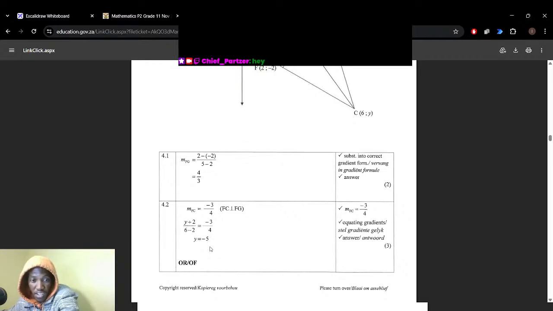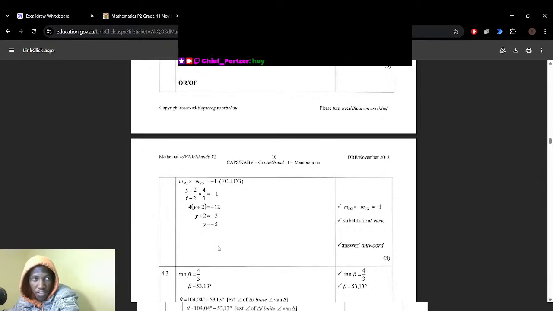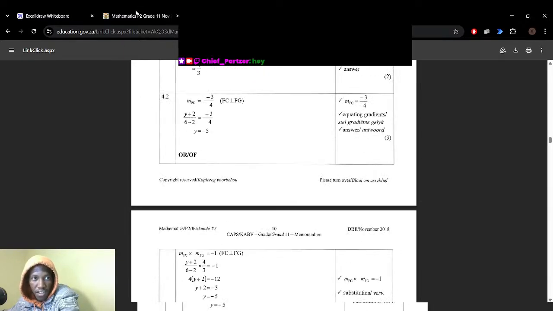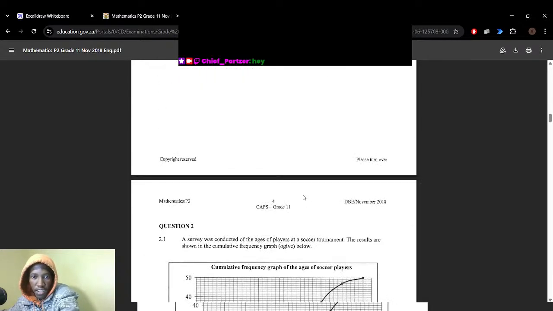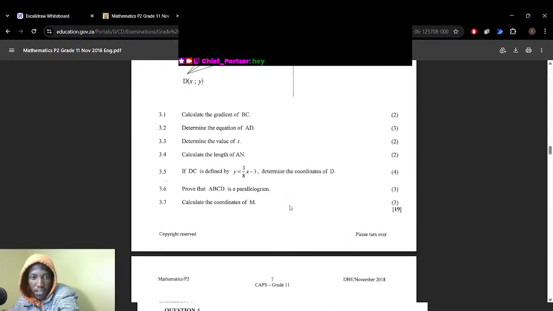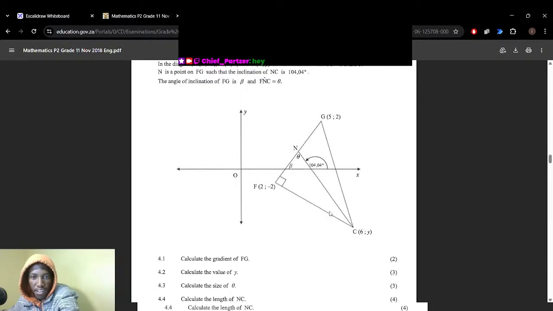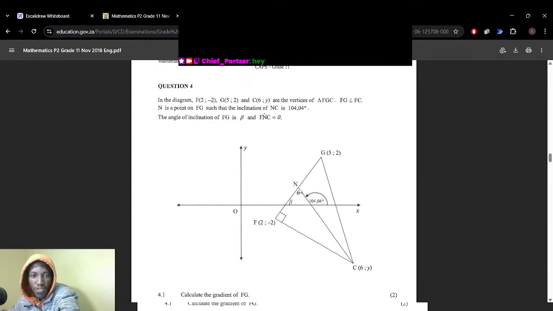Right, okay, now I see. Okay, we made a little bit of a mistake, ne? So okay, yeah, that was a miss from my side. So what I did is I used the gradient of this line, ne?